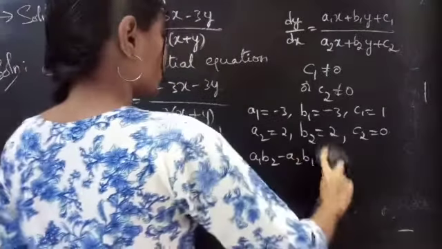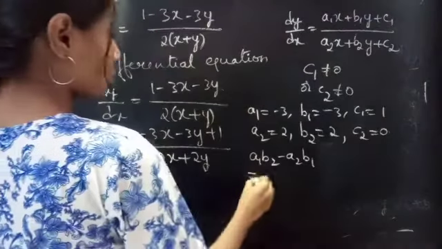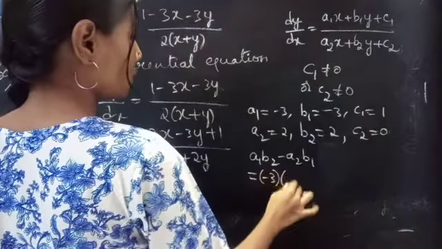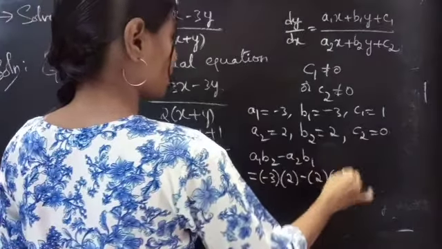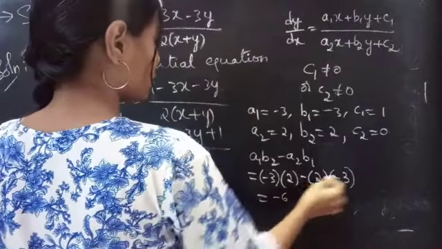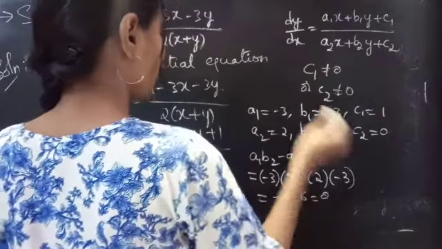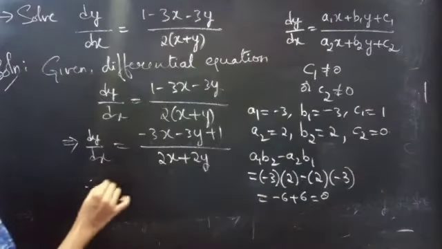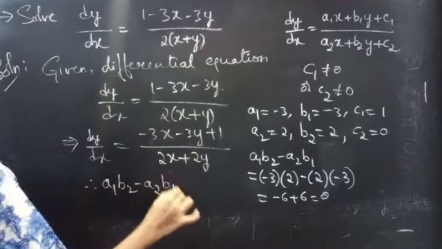Firstly, consider a1 b2 minus a2 b1, which is minus 3 into 2 minus 2 into minus 3, equals minus 6, minus into minus plus, 2 3s are 6, minus 6 plus 6 equals 0, right? Therefore a1 b2 minus a2 b1 equals 0.